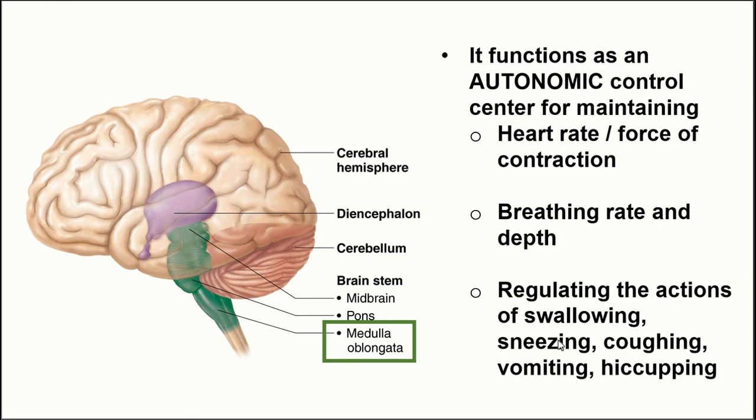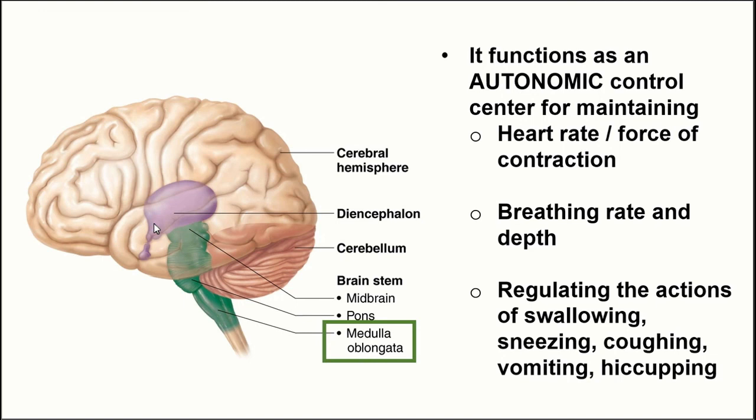It also regulates actions like swallowing, sneezing, coughing, vomiting, and hiccuping. Because it has a lot of autonomic control functions, it shares a lot of similar functions with the hypothalamus.